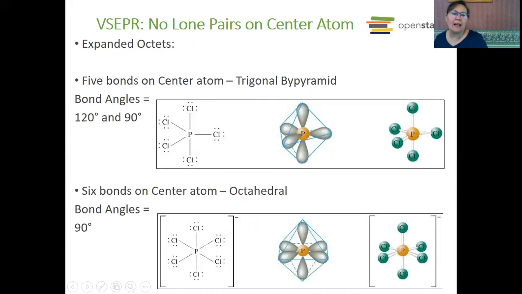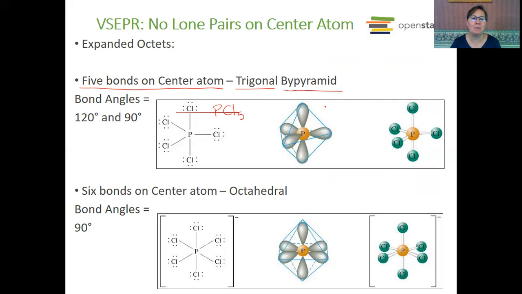Now let's take a look at a couple of expanded octets. And remember, we're still working with molecules or ions where there are no lone pairs on the central atom. The first one here is 5 bonds on our center atom, sort of like this PCl5. And it's a trigonal bipyramid.